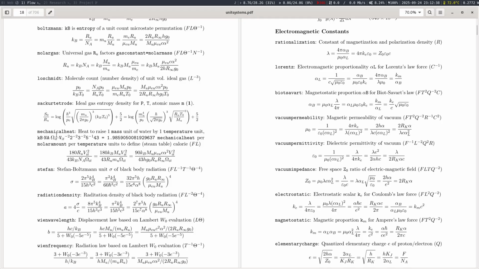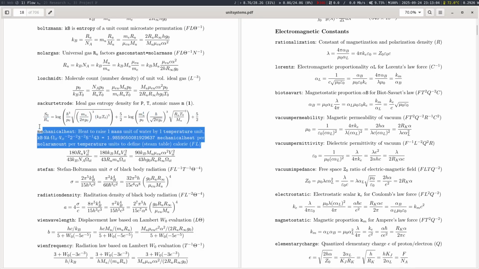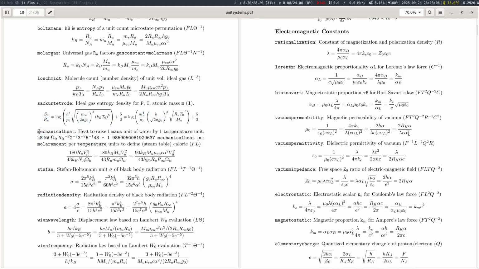The mechanical heat constant. It's the heat to raise one mass unit of water by one temperature unit. And this can be described as 1.9859 mechanical heat per molar amount per temperature units to define the steam table calorie. So this was actually one of the toughest things for me to define and figure out.